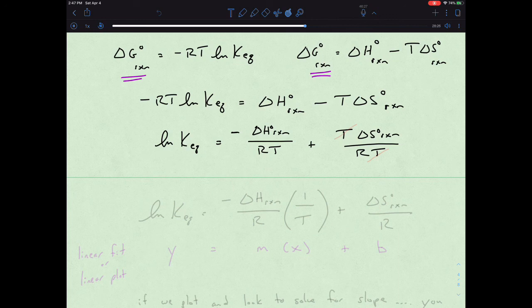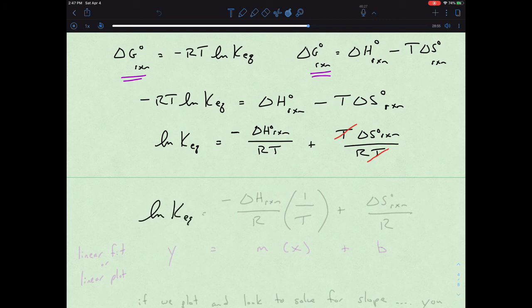Notice that the negative sign in that division has changed that delta H reaction over RT to have the negative sign in front of it, as also changing that minus T delta S portion of the equation to a positive scenario. We have some cancellation here occurring. The temperature in this delta S portion of the equation, those are going to drop out. And we end up with something that looks like this.